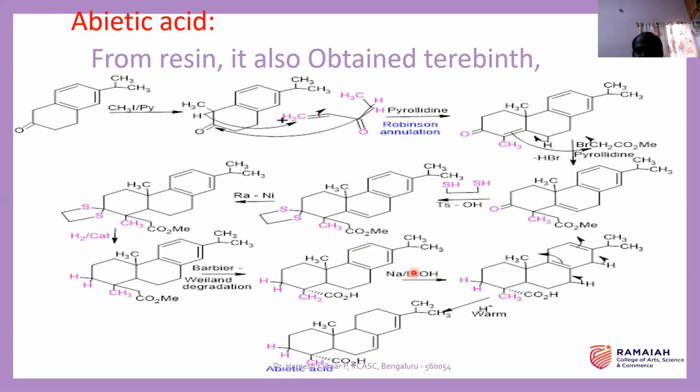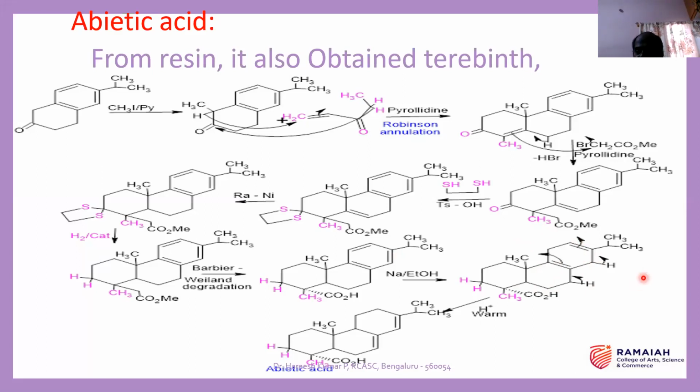Then sodium again gives one more electron. That is how this carbon is saturated. Similarly, this carbon is saturated, forming a double bond here, a double bond here. That's called the dihydro derivative.